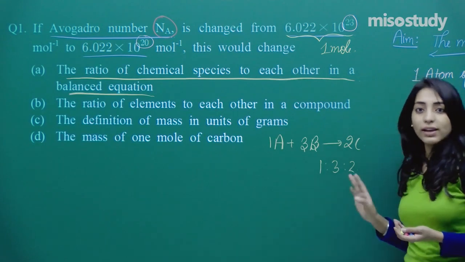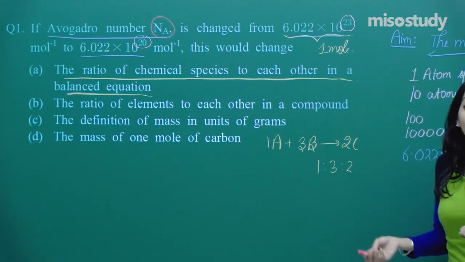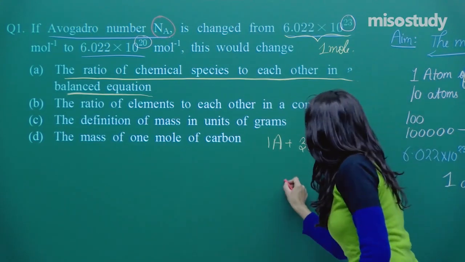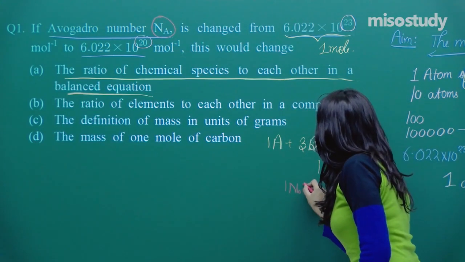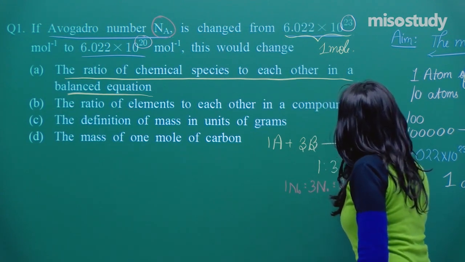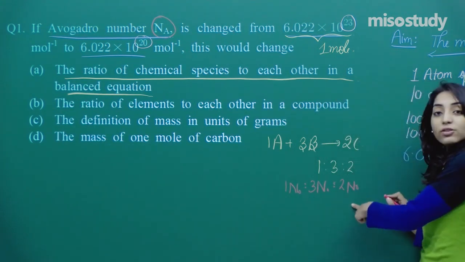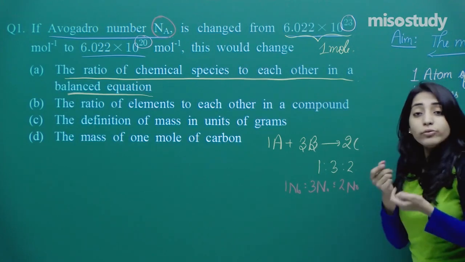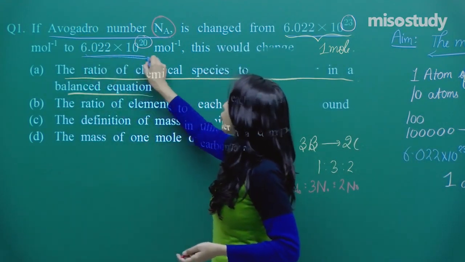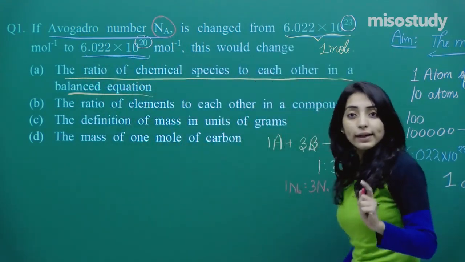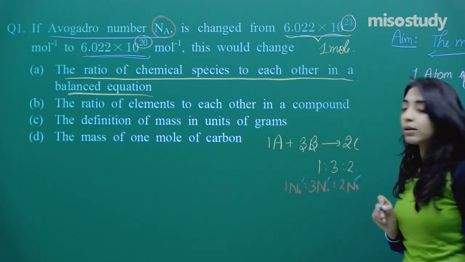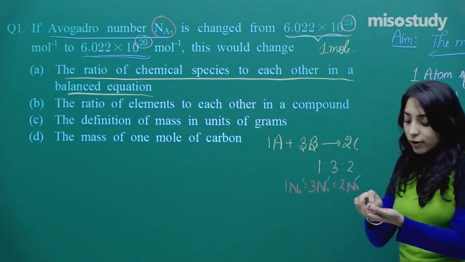So the ratio was 1:3:2 if this was the ratio of number of moles. If however I was to talk about the number of molecules, then the ratio would be 1N0 is to 3N0 is to 2N0. Then also the ratio was 1:3:2, right? Now if I am changing the value of Avogadro's number to 6.022 into 10 raised to the power 20, let me call this number N0 dash.